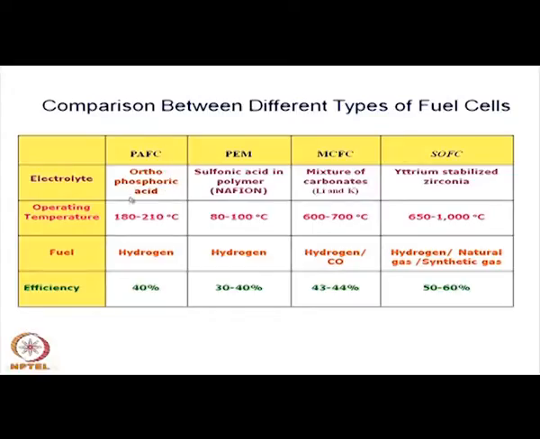This is PAFC, the phosphoric acid fuel cell. The electrolyte, as I mentioned, is orthophosphoric acid, whereas PEM, the proton or polymer electrolyte membrane fuel cell, sometimes called the proton exchange membrane fuel cell, actually uses, as I mentioned, sulfonic acid in some polymer, and that is Nafion.